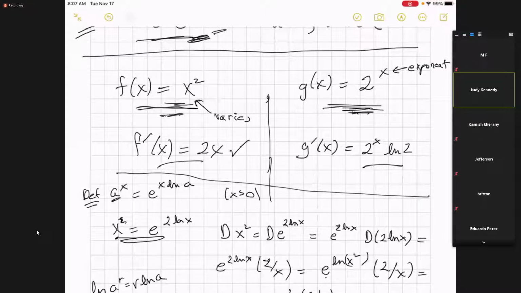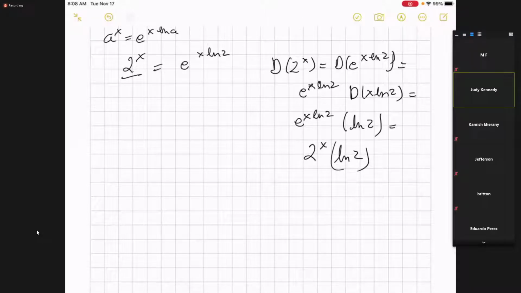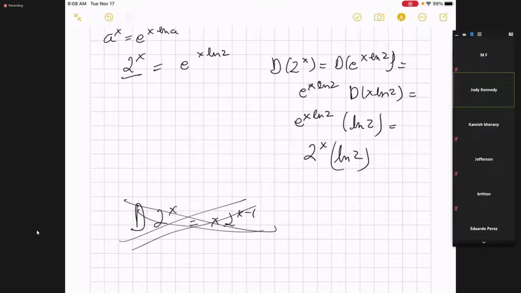And in particular, somebody's going to do this. I guarantee it. They're going to say the derivative of 2 to the x is x 2 to the x minus 1. No, no, no. That's not what you do when the exponent is the variable.